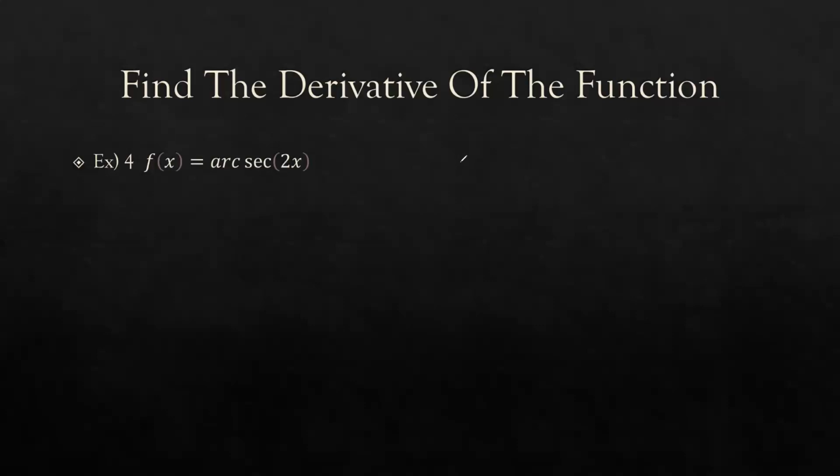The derivative of arc secant of x is x prime over the absolute value of x times the square root of x squared minus 1. The thing is, our x is not x, our x is 2x. So x prime is 2.